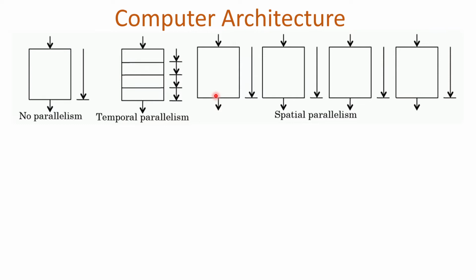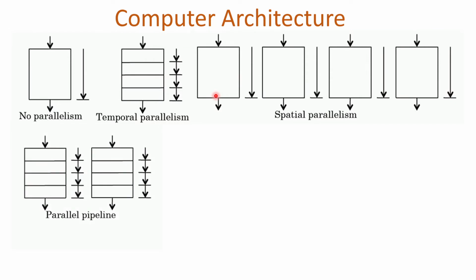So in order to deal with the problems that we find in temporal parallelism as well as in spatial parallelism, we can make a mixture of temporal and spatial parallelism to get more advanced pipelining, which we call parallel pipeline.